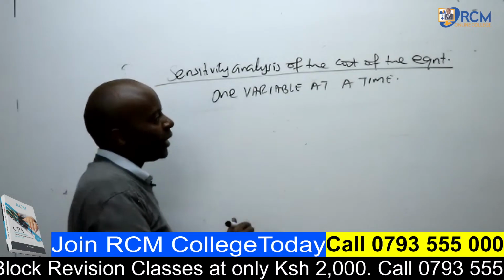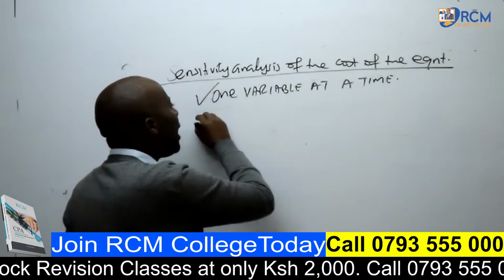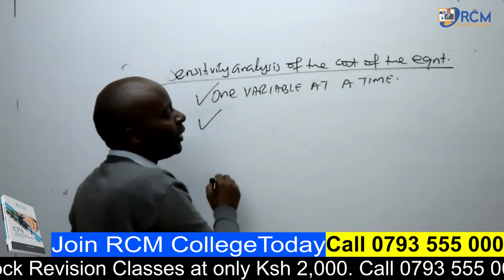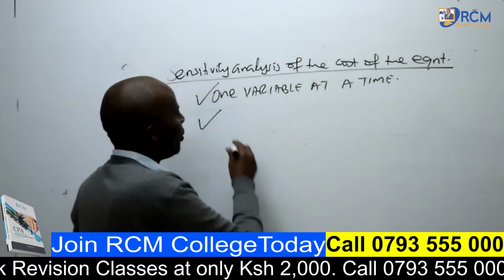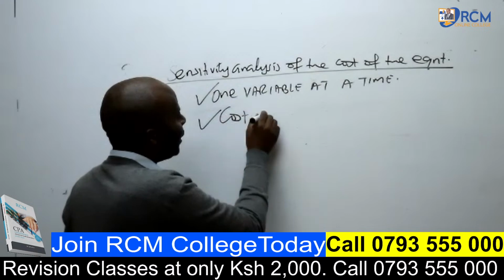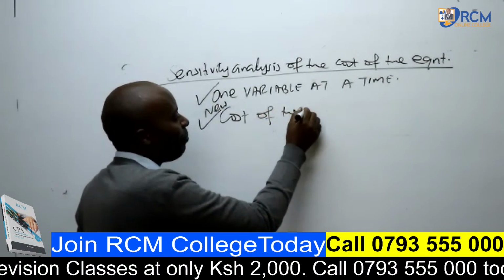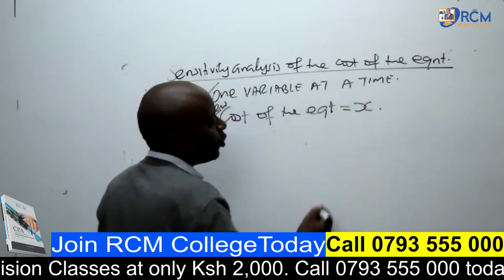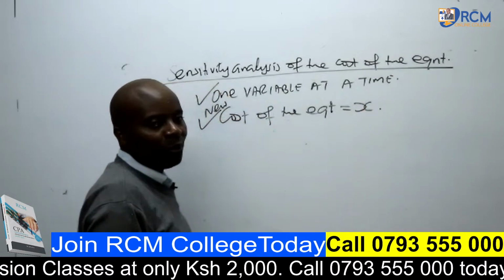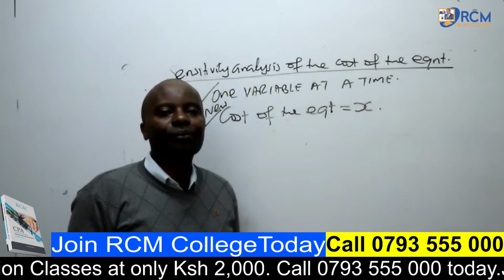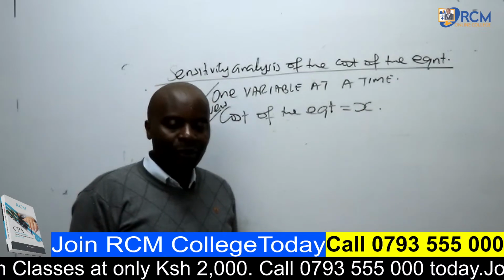So meaning that we shall only take the cost of the equipment to be different. So in this case here, we will let the new cost of the equipment be equal to X.